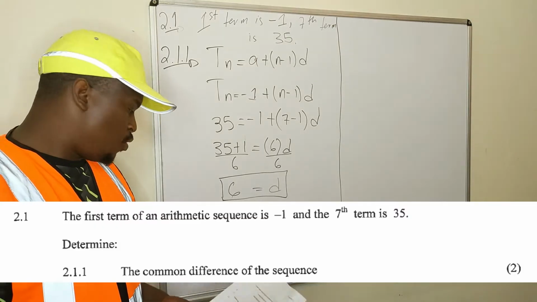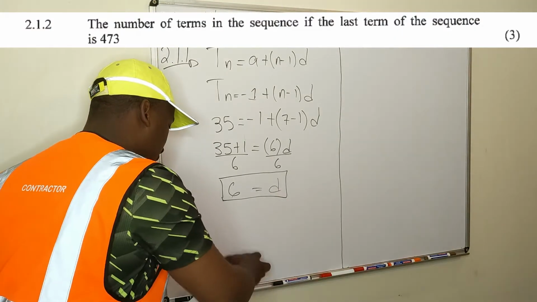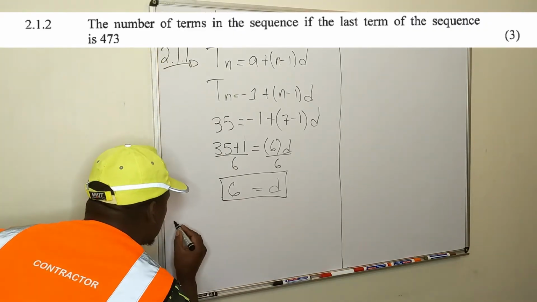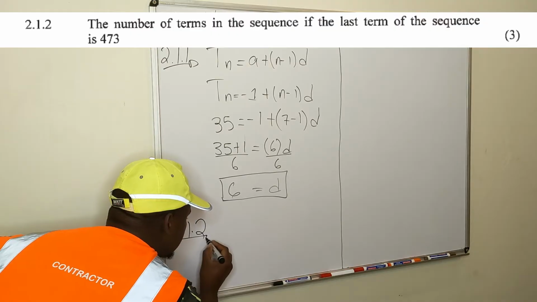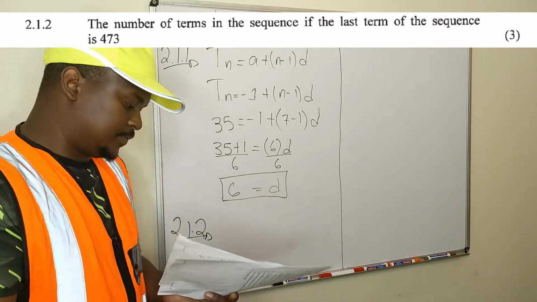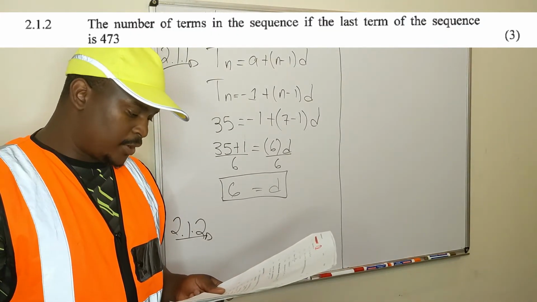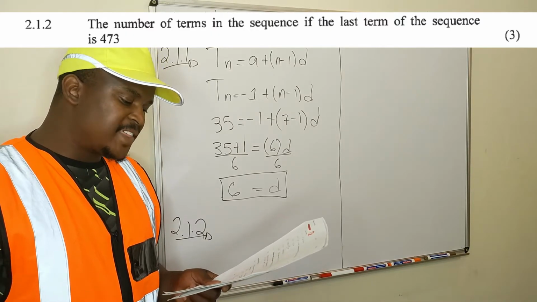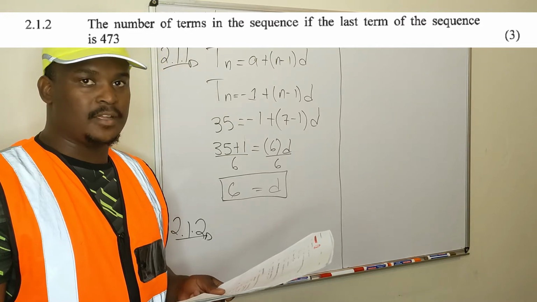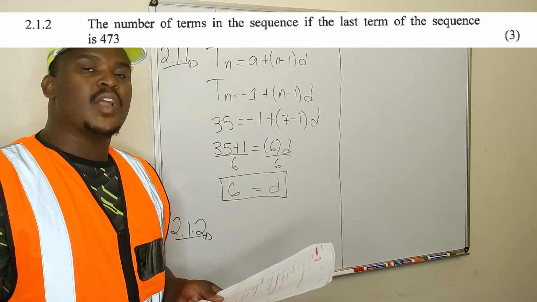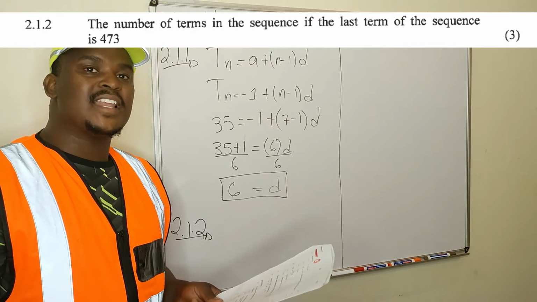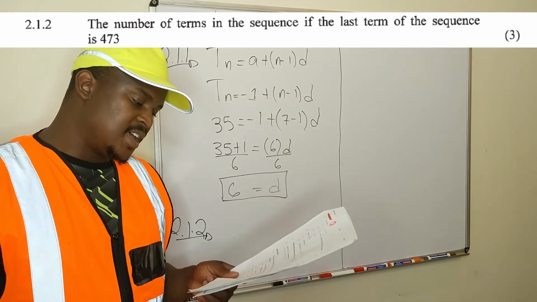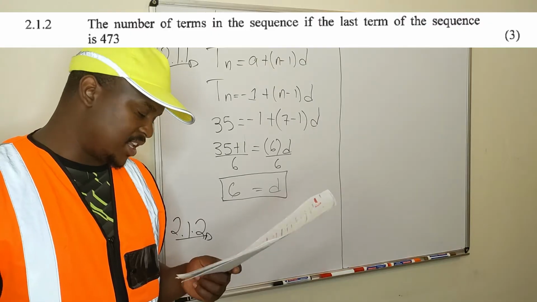So we move to the next question, 2.1.2. What does it read? Determine the number of terms in the arithmetic sequence if the last term of the sequence is 473. So they want us to find the number of terms in our sequence if the last term is 473.